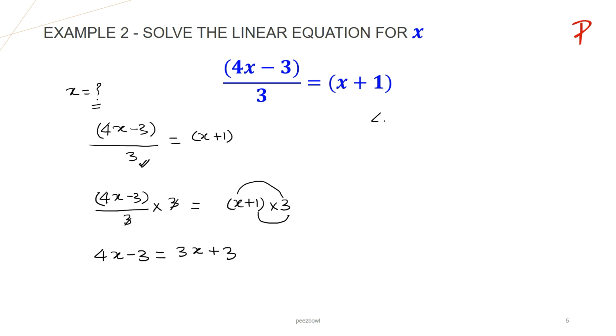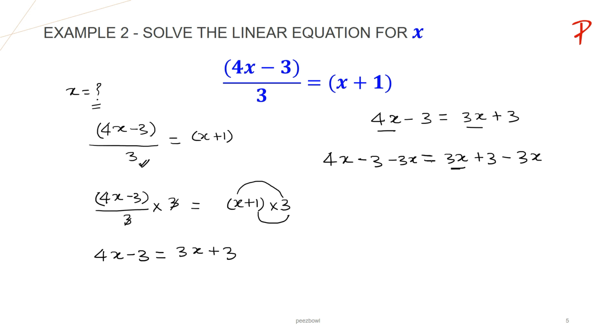Let me write it down, right? And we need to find out the value of x. So what shall we do? Here we have 3x and here we have 4x. So both the sides, let me write it down first. And because I have to remove 3x from the right hand side, I am going to subtract 3x from both the sides.